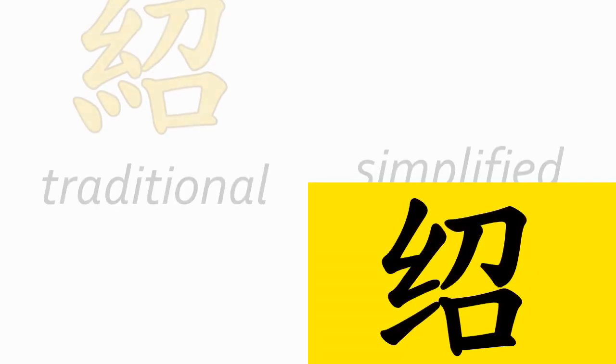Here is our color chart with today's 5 characters. 绍 迢 昭 照 and 貂. Here's a summary of today's lesson. 1. Today's 5 characters are all based on 召, depicting the ritual of attracting one's ancestral spirits using the scent of wine.